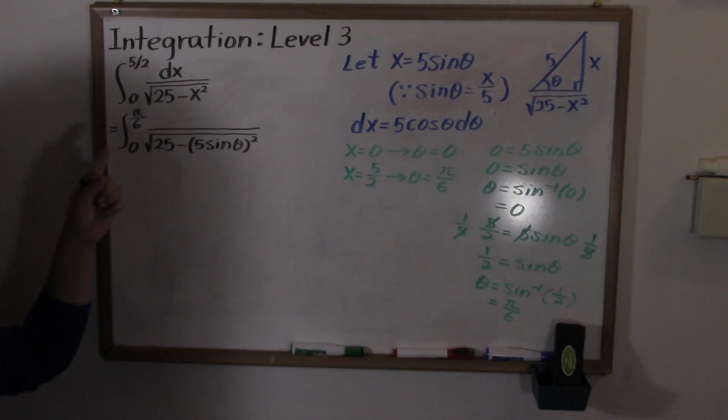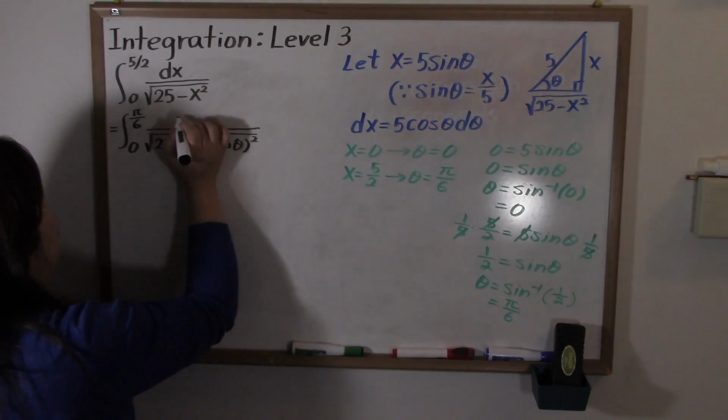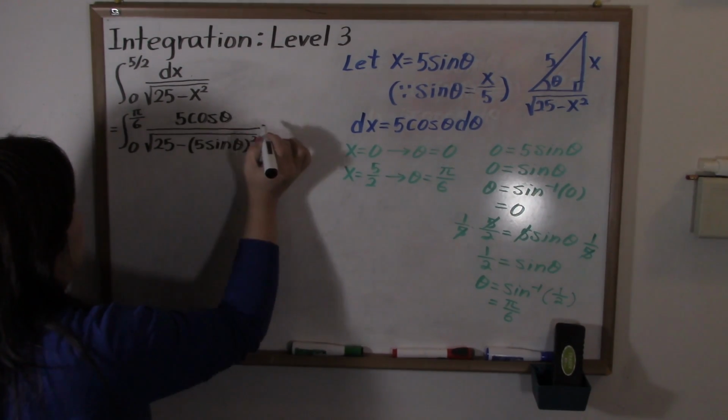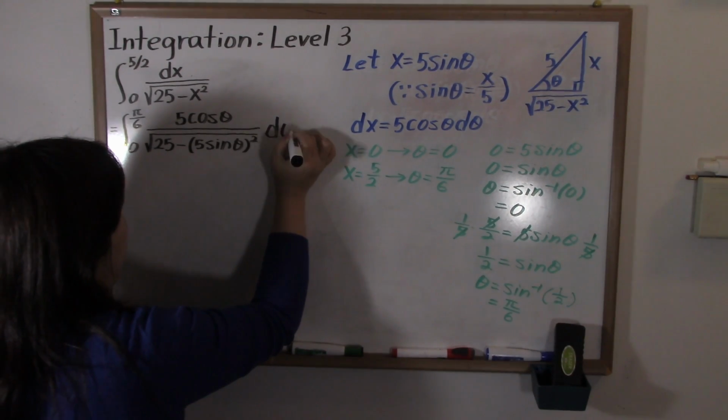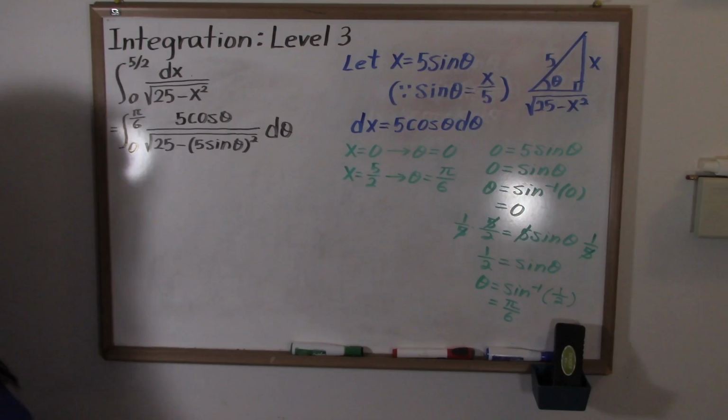And then the numerator, dx. dx is 5 cosine theta d theta. So 5 cosine theta, and then we're going to put the d theta over here. Okay? So now we have to calculate this one.